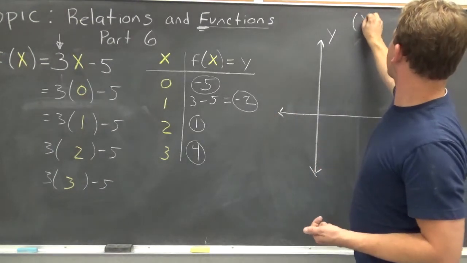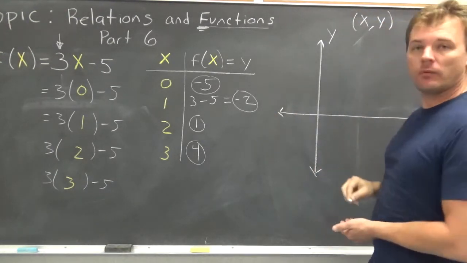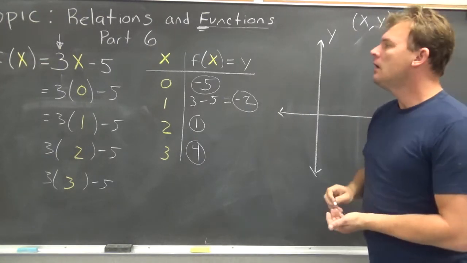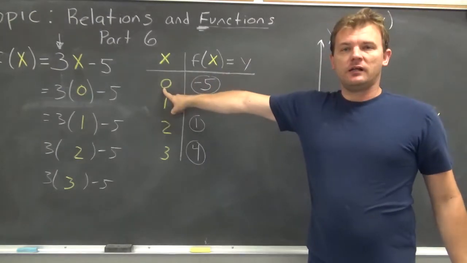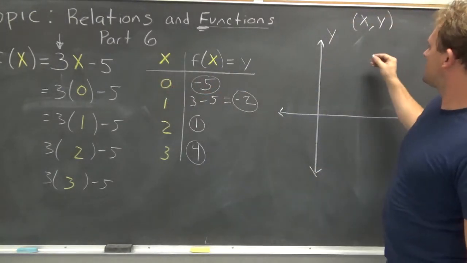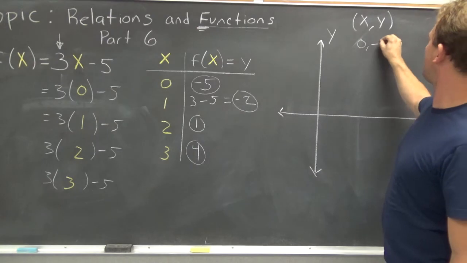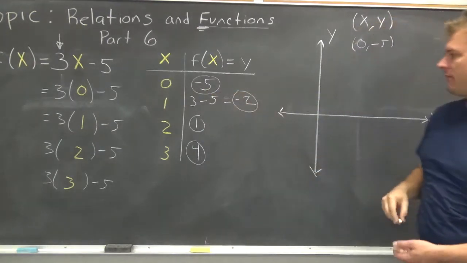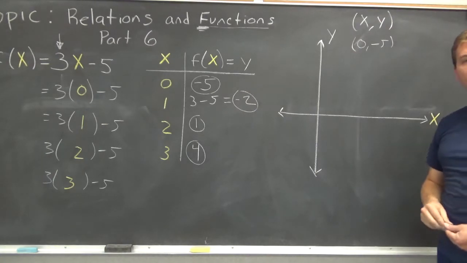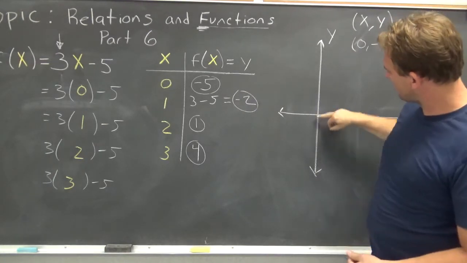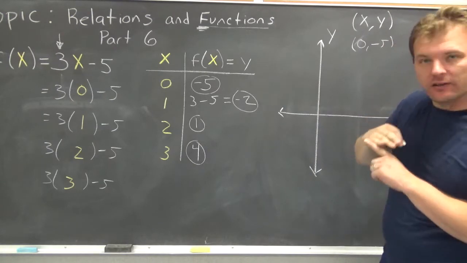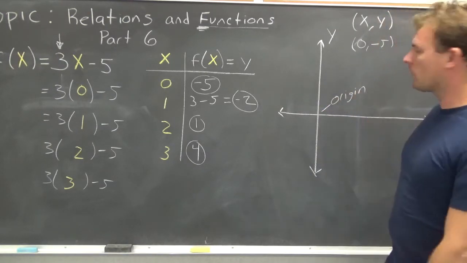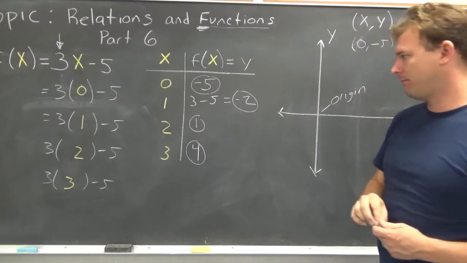Remember, it's always x, comma y, right? Always. Now, what's our first point? Isn't it 0, comma, -5? Isn't that our first point? 0, -5. Where's that here? Where's 0 at? Remember what this is called right here? This center, dead center, is called the origin, right?